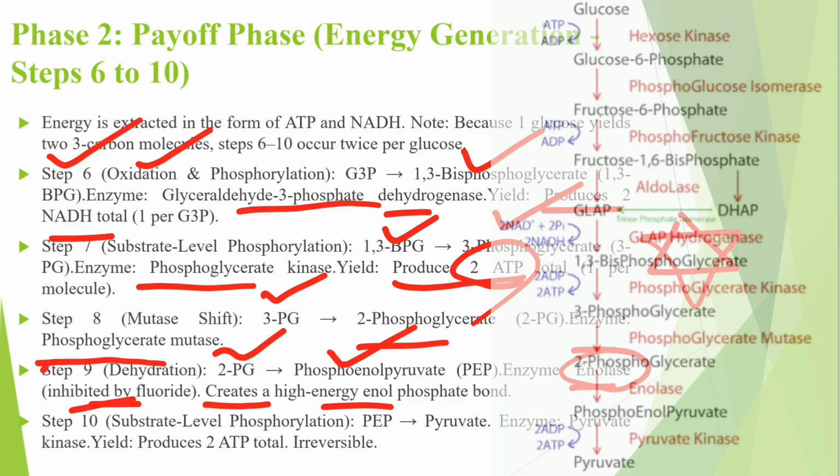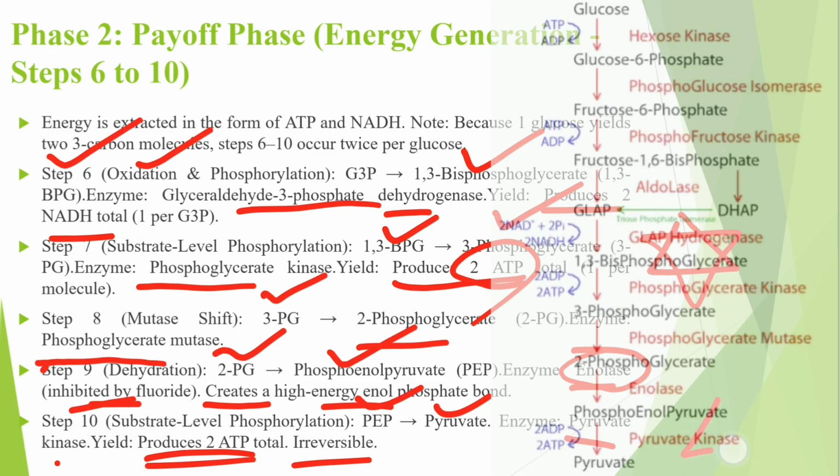Then the final step, which is the substrate level phosphorylation step, where phosphoenol pyruvate will convert into pyruvate, and the enzyme which helps in this reaction is pyruvate kinase. In this step 2 ATPs are released, and this is again an irreversible process.